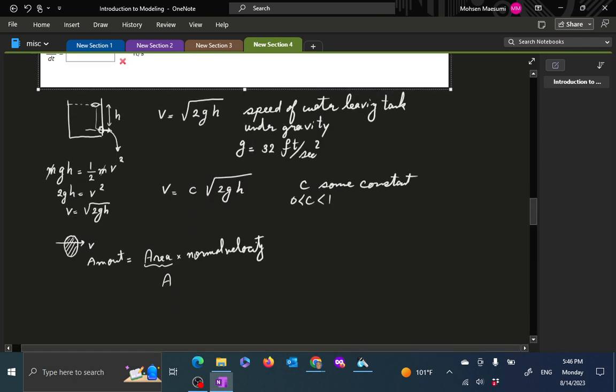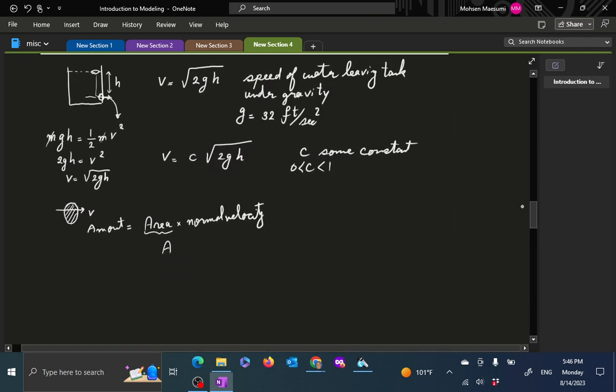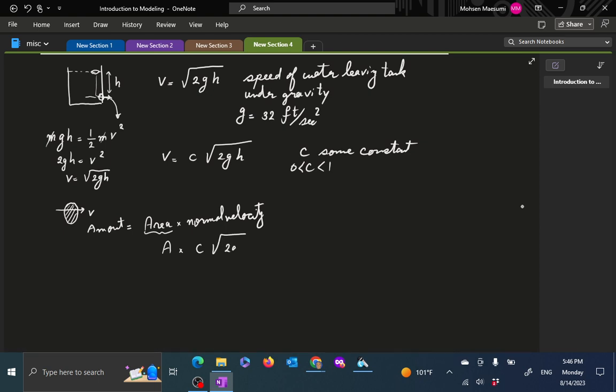A times velocity, we said c times the square root of 2gh. So this is the amount of water leaving the tank when the height is h.